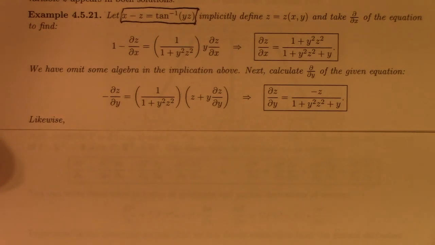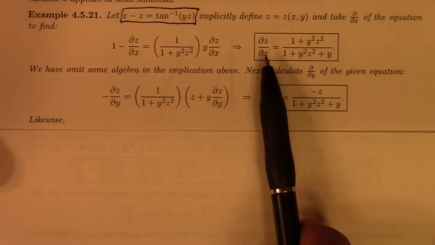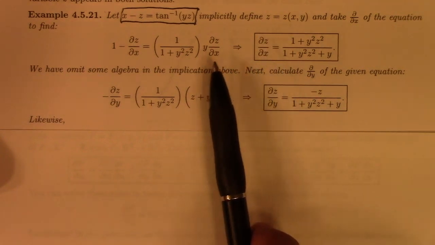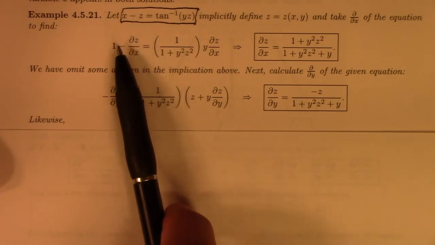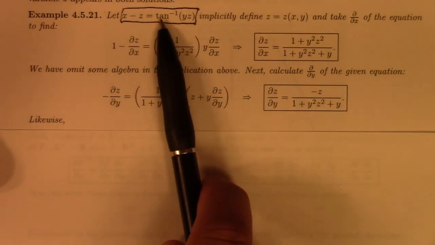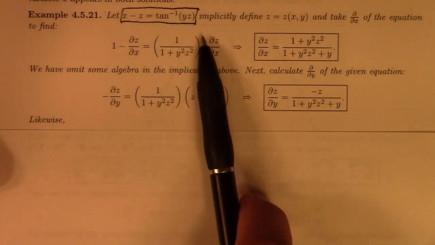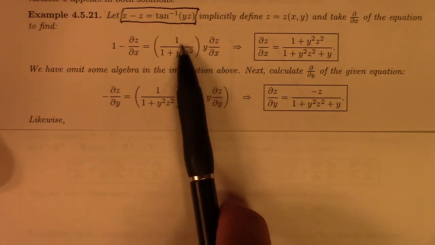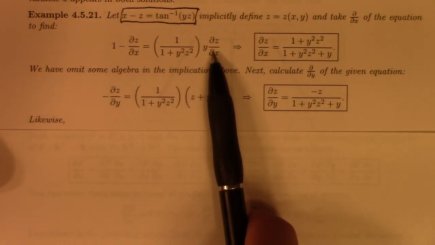And yet, with the idea of implicit differentiation, I can discover how z changes with respect to x by calculating this implicit derivative. So partial x of x is 1, then minus partial x of the inverse tangent, whose derivative is 1 over the argument squared. Then the chain rule says I still have to multiply by partial x of the inside function, which here is yz, so y is constant because it's independent with respect to x.